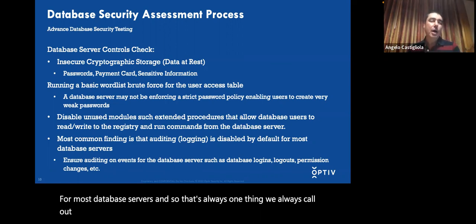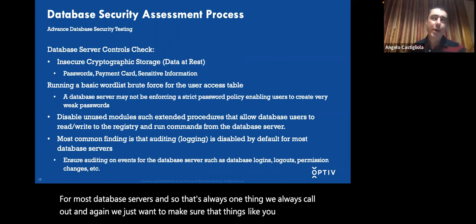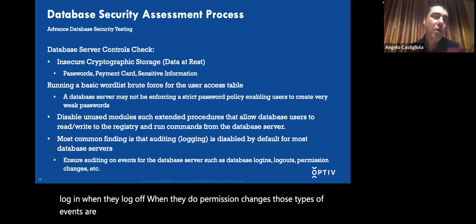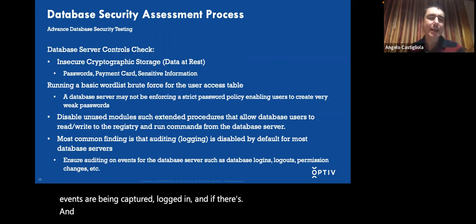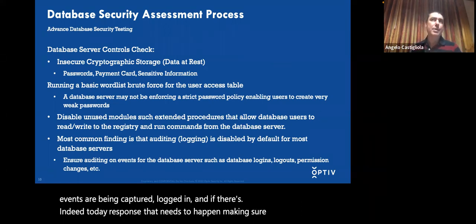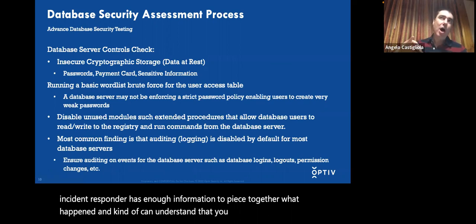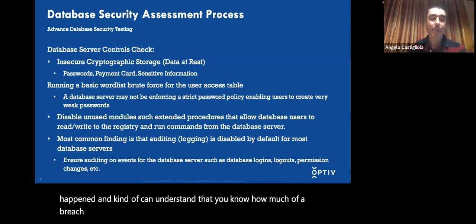We want to make sure that events like user logins, logoffs, and permission changes are being captured and logged, so that if an incident response needs to happen, the incident responder has enough information to piece together what happened and understand how much of a breach, or how little of a breach, occurred.